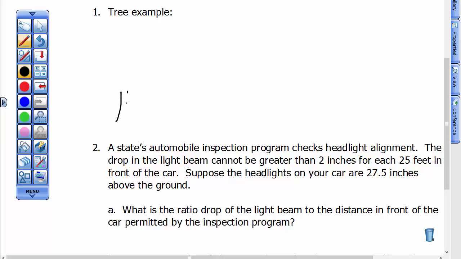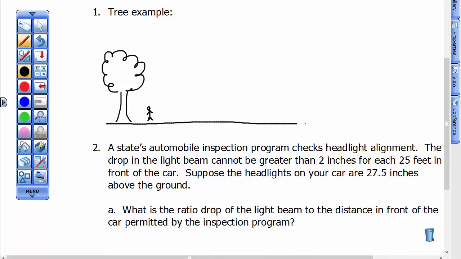So here's what I'm going to do. I'm going to draw the tree in my backyard. And then I'm going to draw myself, standing kind of close to that tree. So that's me. And then here's the ground. And way out here is a bright ball of sun in the sky, and I'm trying to look at my numbers to see how I want the shadow to be from the sun.